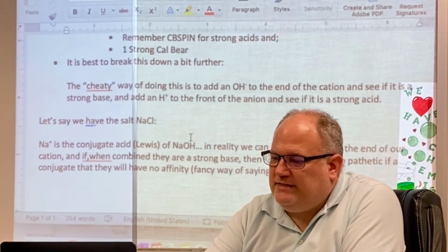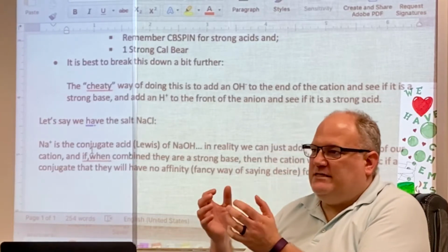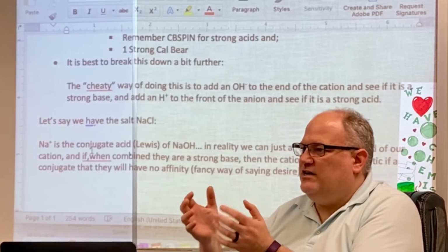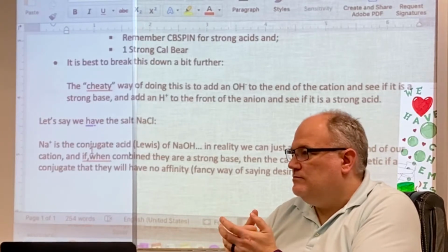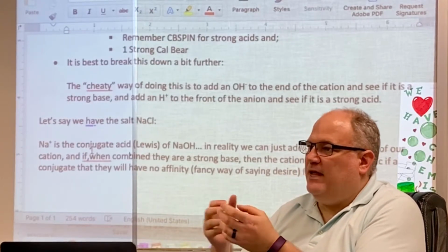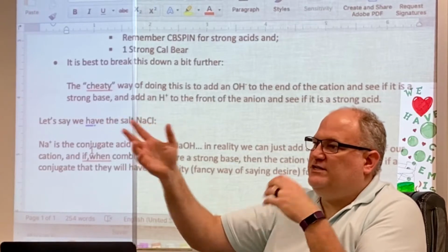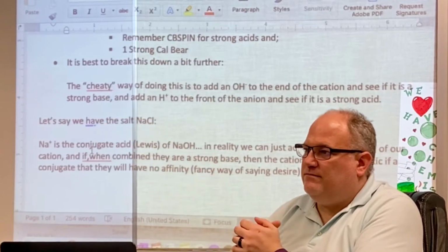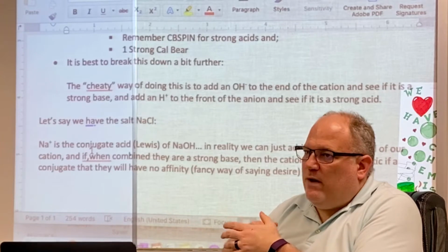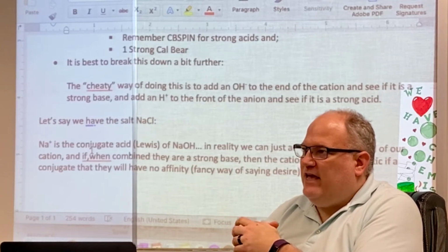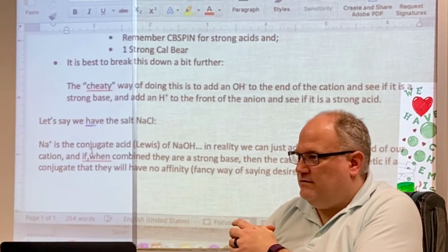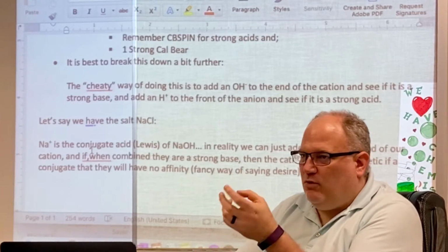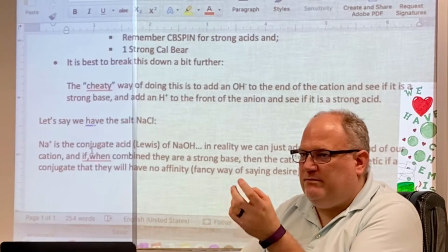So if we take a look at NaCl, Na plus, isn't that the conjugate of NaOH? If you have NaOH and Na plus, they're the conjugate of each other, right? So the way we look at it is this: if NaOH is a strong base, the Na plus portion of it, the conjugate, is going to be an extremely weak acid.